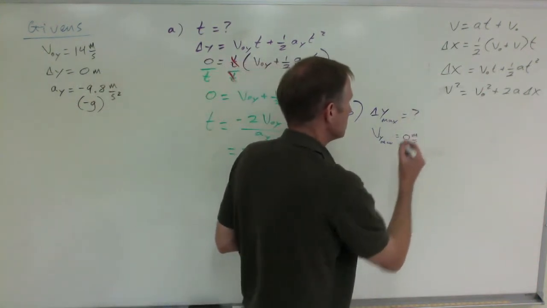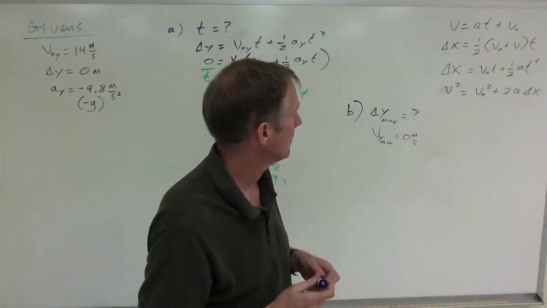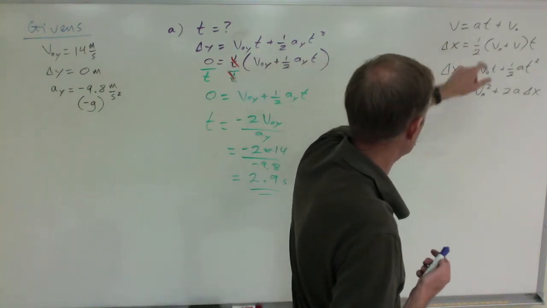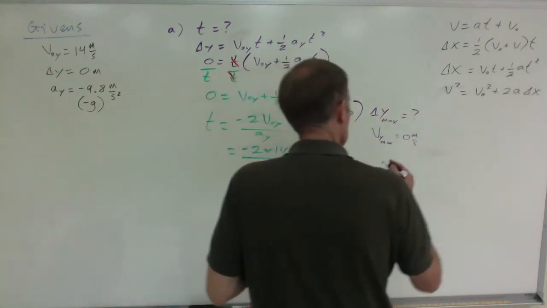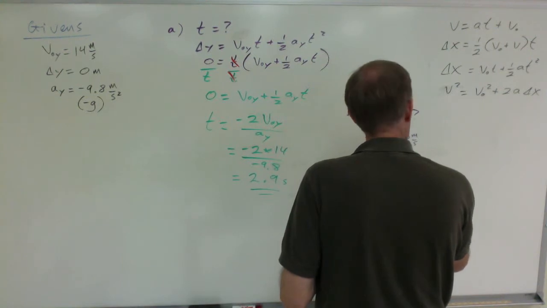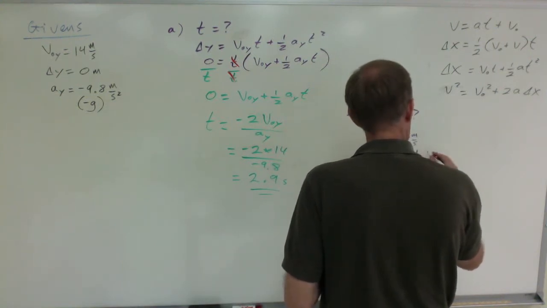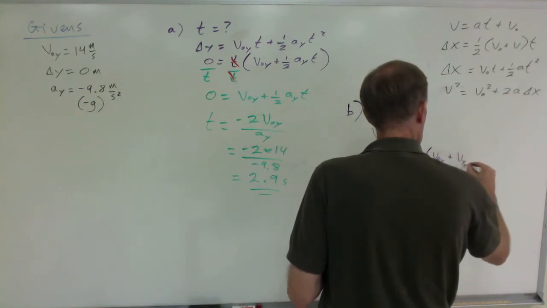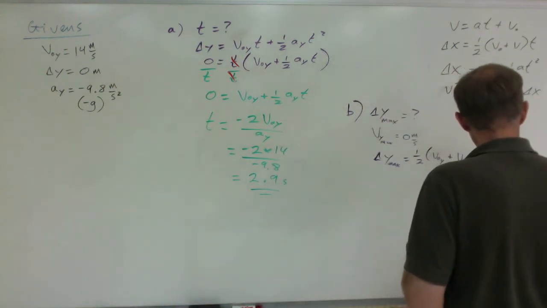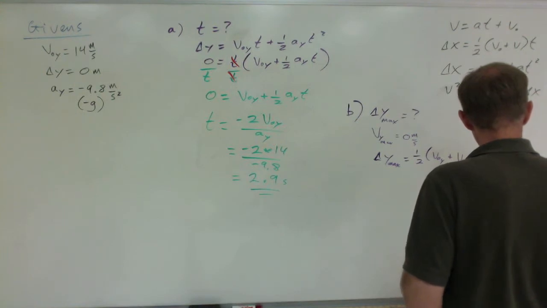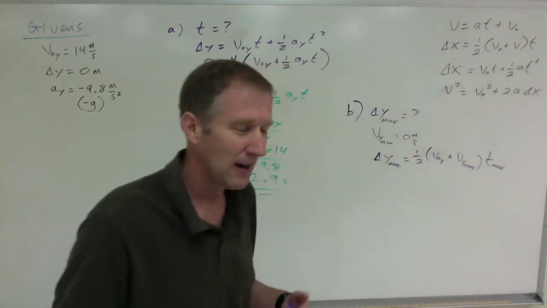So there's a variety of ways to do this. I think that I'm going to use this second equation and use half of that time. So this delta y max will equal 1/2 times v sub 0y plus v_y at the maximum height, which is where it stopped rising, times t max, which is just the time at the maximum height.